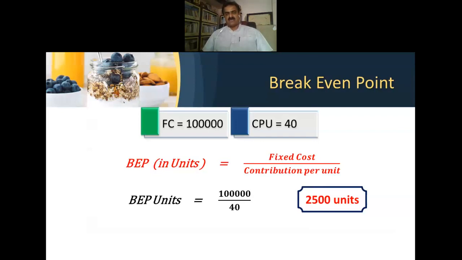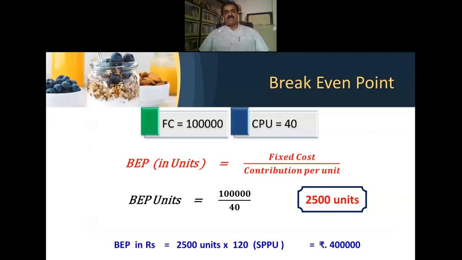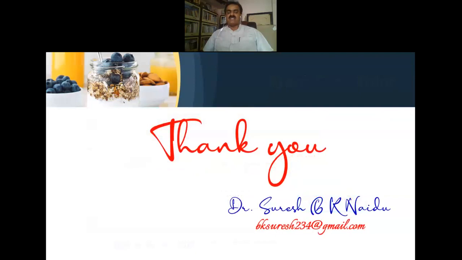Like that also this can be calculated. 2500 units into selling price of 120 comes to 4 lakhs. Or if you know the break-even sales from the previous one, that is 4 lakhs divided by 120, you will get 2500 units. These are the ways in which you can calculate either the break-even units or break-even sales.